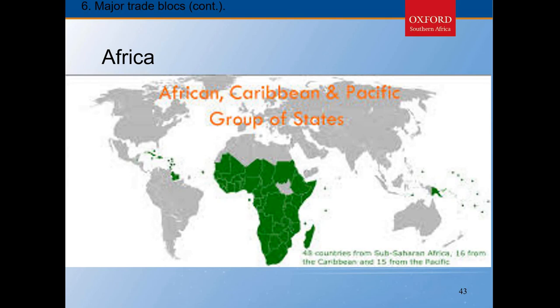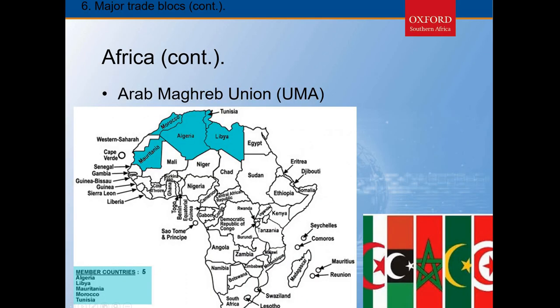And then you've got the African Caribbean and Pacific group of states, and the Arab Maghreb Union, UMA, which is Mauritania, Morocco, Algeria, and Libya up in the north of Africa.